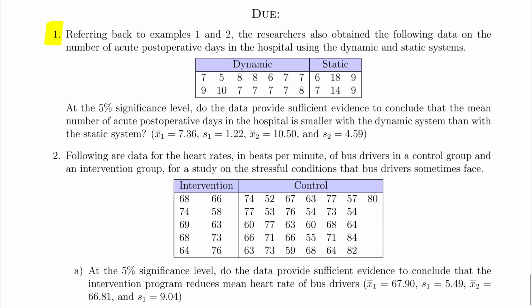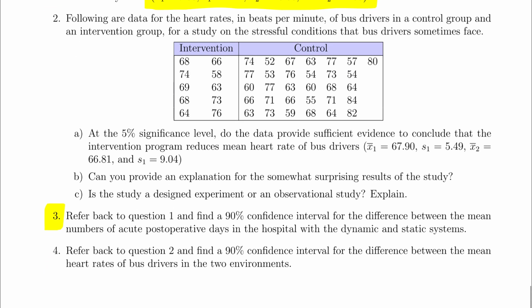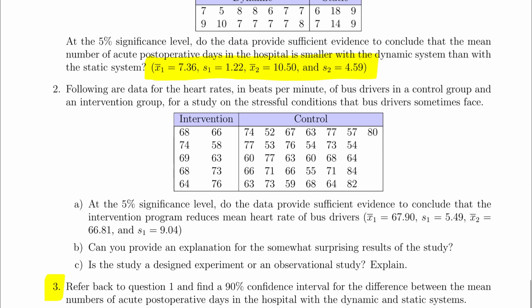And I've even computed the values for you right here, so you don't have to go through and find those. And then you want to go to question 3, which goes back to everything you did on question 1, and you just find the confidence interval. So questions 1 and 3 tie directly back to examples 1 and 2 from our examples today, and that should be pretty straightforward for you.